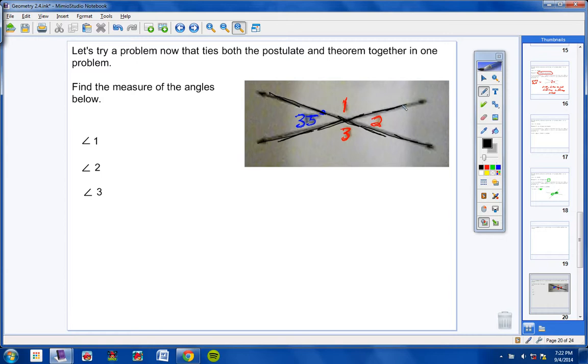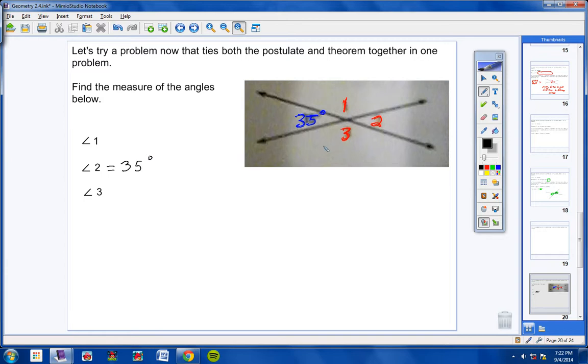So whenever two lines intersect, we know right away that the angles across from each other are vertical angles. And we just learned a theorem that said vertical angles are congruent. So this angle here, 35 degrees, and this angle here, angle number 2, have to be congruent. So angle number 2 is going to measure 35 degrees.